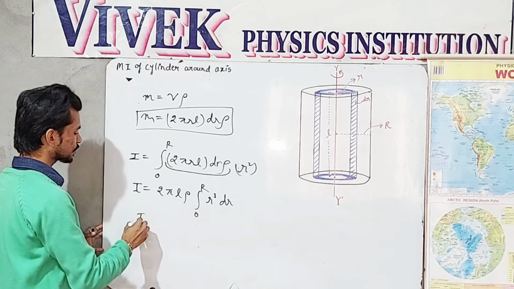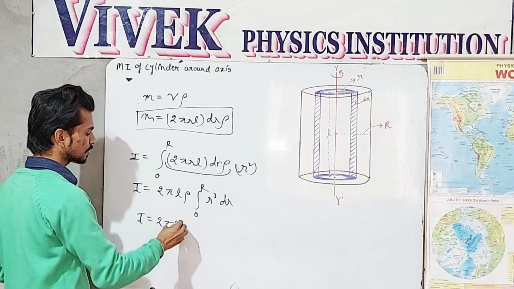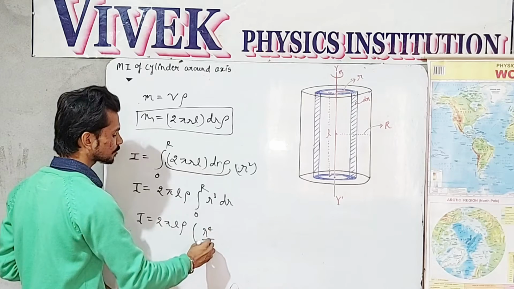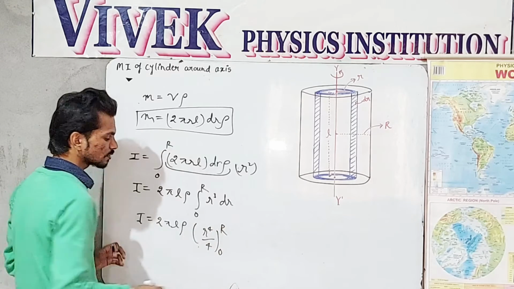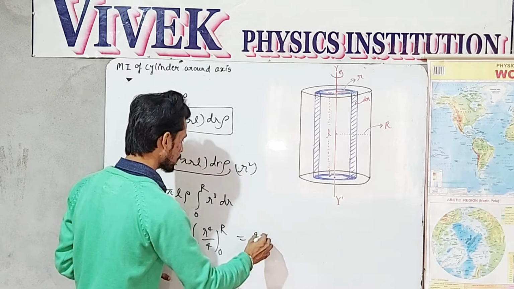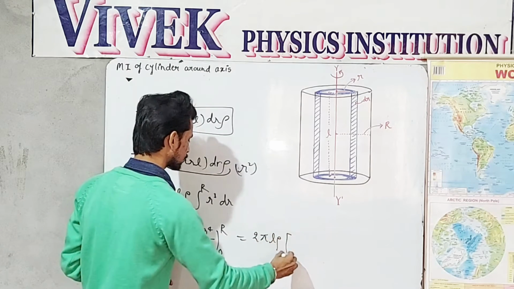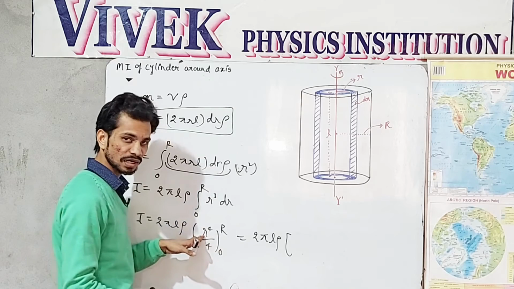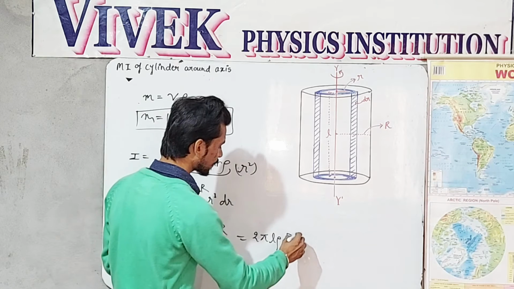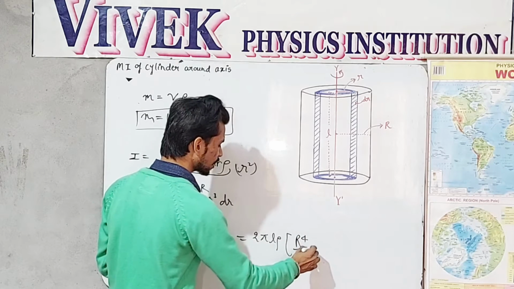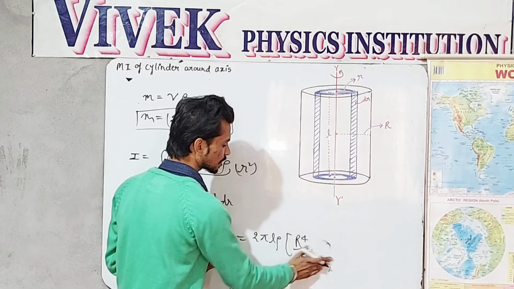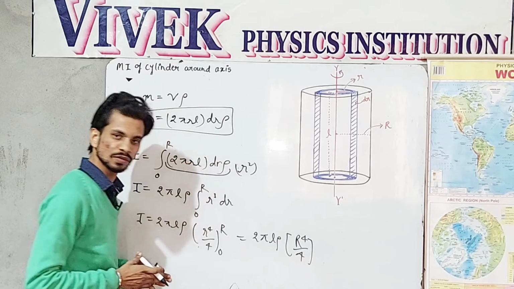So I equals 2 pi L rho, and the integration of r cube becomes r raised to power 4 over 4, with limits from 0 to R. If I solve this, I will get 2 pi L rho, putting capital R in place of small r, R raised to power 4 divided by 4, minus 0 raised to power 4 divided by 4, and this becomes 0.